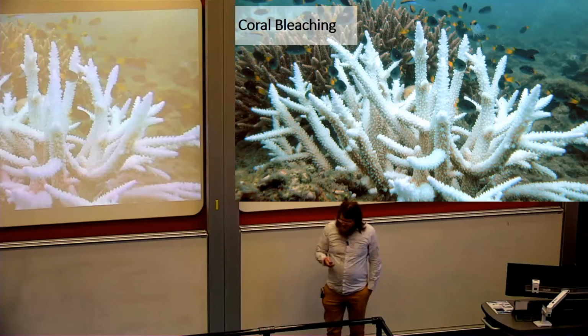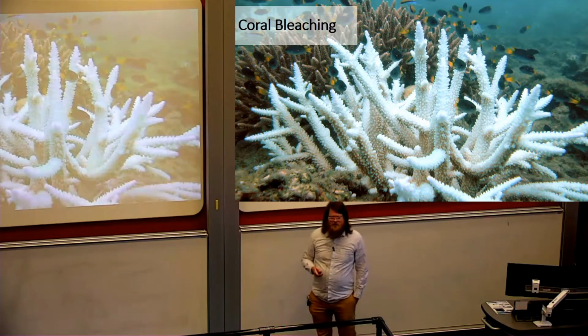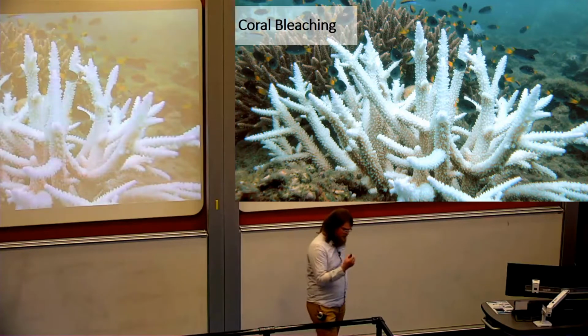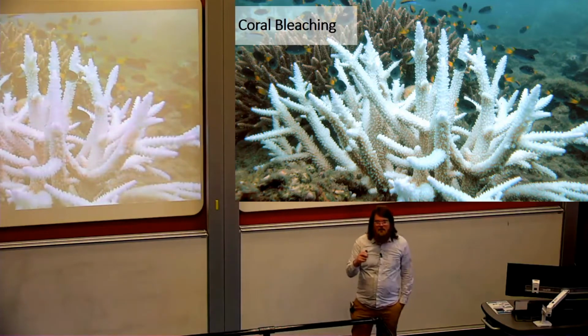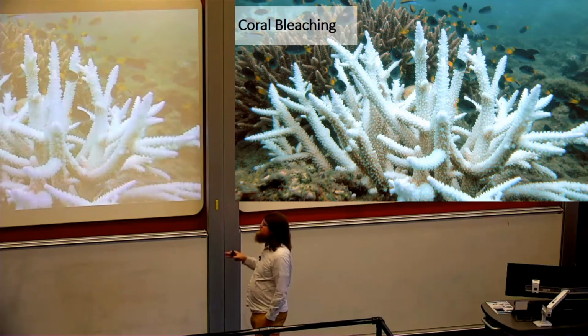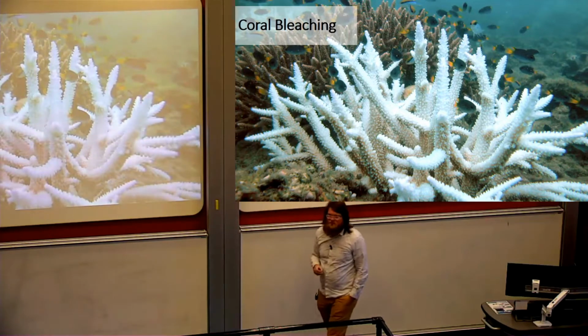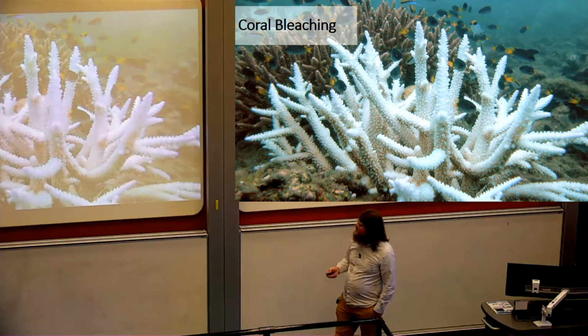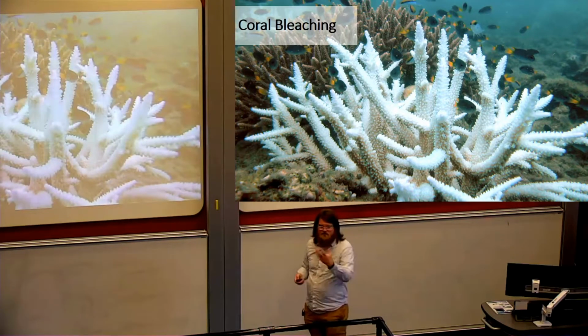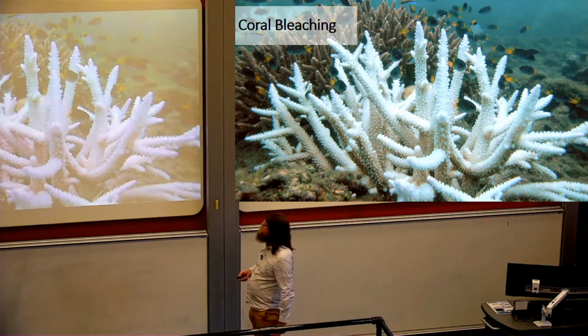So what happens with coral bleaching is when this system goes a little bit wrong, and for some reason the corals eject the algae. They throw out those symbiotic algae, and there are a number of reasons why a coral might do that. The mechanisms are not fully understood, but that's the thing that gives corals their colour, because those are the photosynthetic pigments doing the photosynthesis.